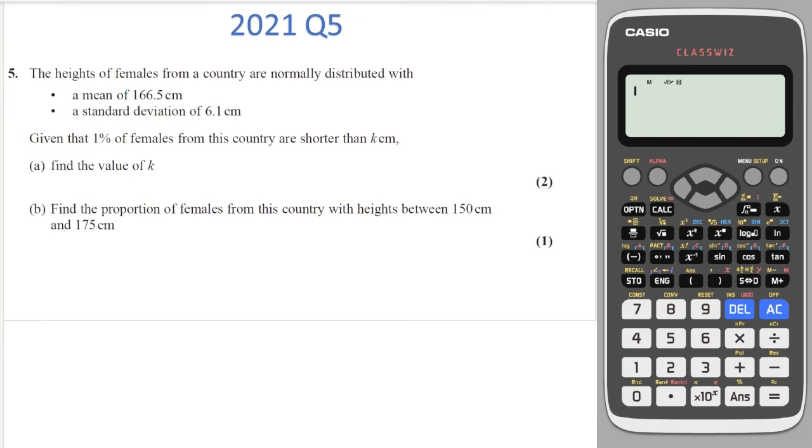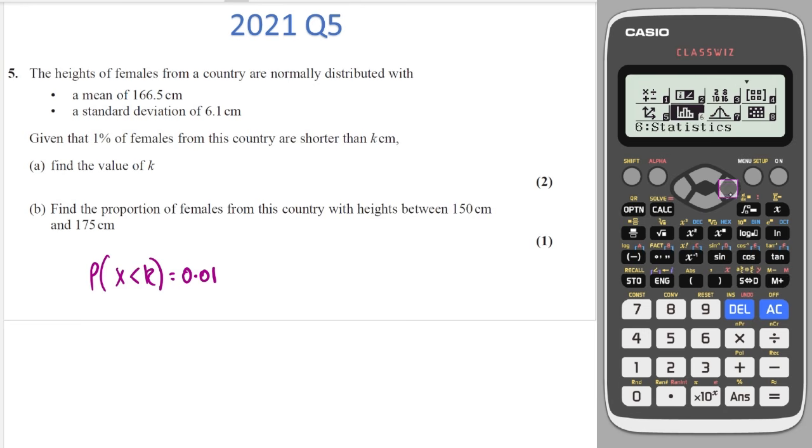Okay, now we're looking at the normal distribution, and it says that 1% of females in the country are shorter than k centimeters. So the probability that x is less than k is equal to 0.01. So because we're trying to work out a value as opposed to a probability, we can go to menu, distribution, inverse normal is number 3.